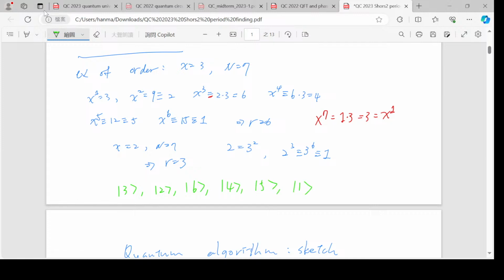If we start with ket 1 here, we know from the example up here, if we multiply by u3, then ket 1 multiplied by u3 will become 3. Then ket 3 multiplied by u3 will become 2, and etc.